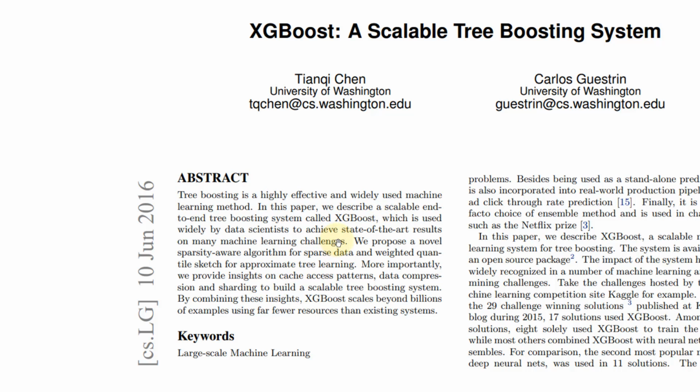Here we propose a novel sparsity-aware algorithm for sparse data and weighted quantile sketch for approximate tree learning. Basically, the paper is introducing gradient boosting trees, but they are also adding a lot of optimizations and algorithms in there.